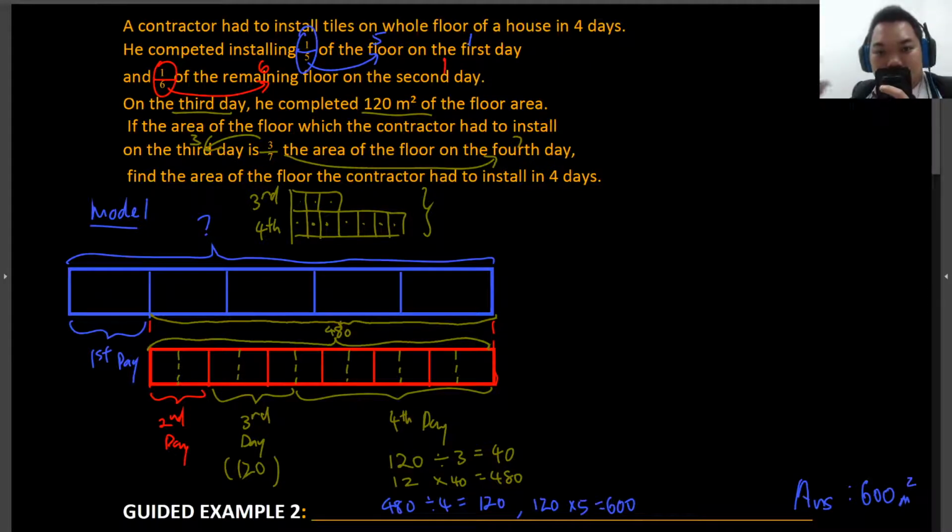Okay, so do you all see the links over here? Of course, like what Ivan pointed out, model can be a bit time consuming, but if you have to do it in order to get your answer, I suggest you do it.